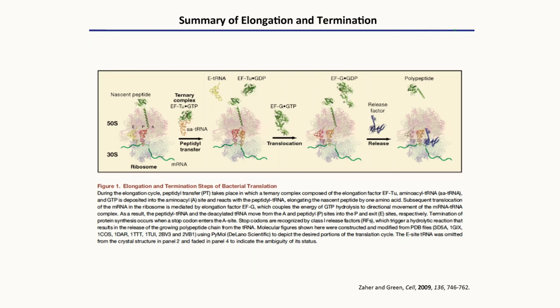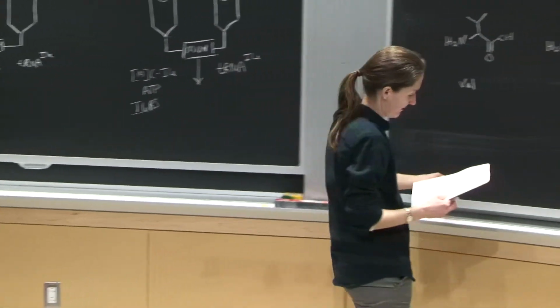And then there's a process called translocation, in which the elongation factor G in complex with GTP comes in and helps to reset the ribosome such that another aminoacyl-tRNA can come in. Okay, so where we're going to focus for the rest of today is on this process here, thinking about EF-Tu and how that delivers amino acid attached to tRNAs to the A site.